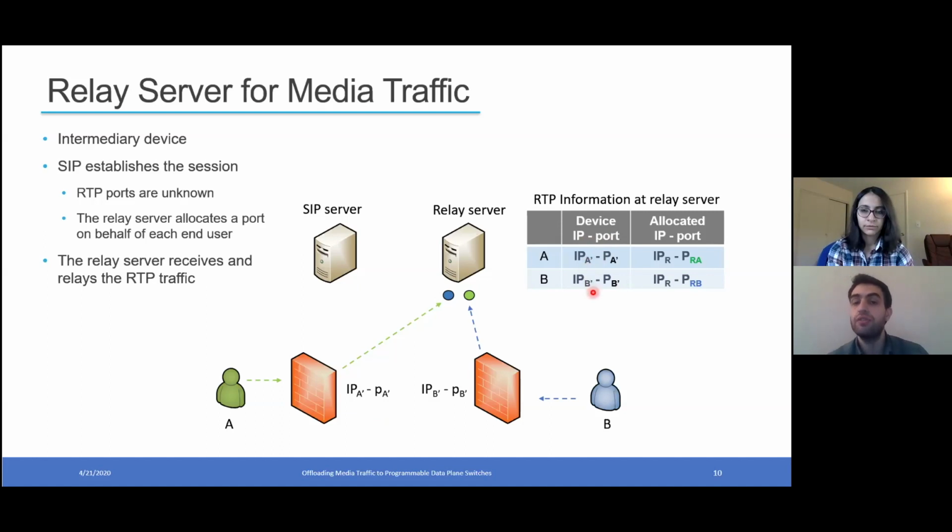So now the relay server has everything that it needs in order to relay traffic. Whenever a packet arrives to one port, it will relay it and send it from the other port to the other user.